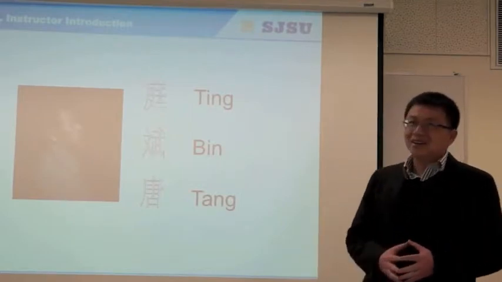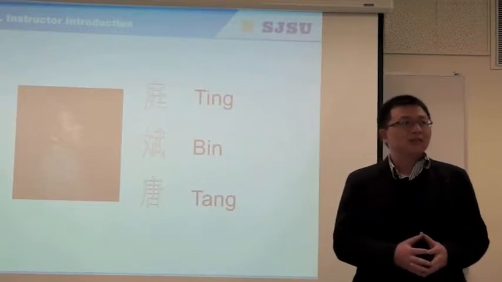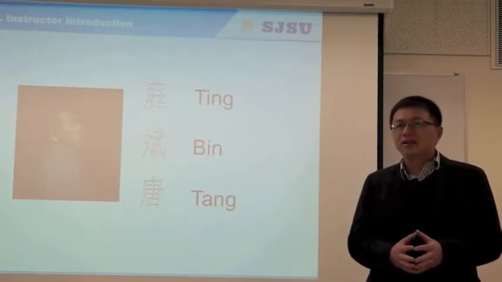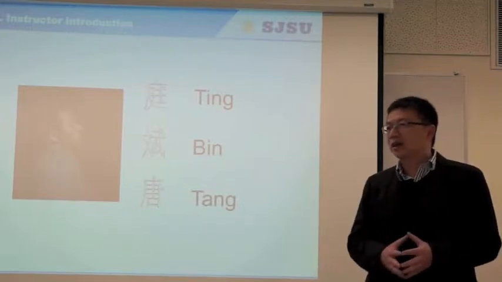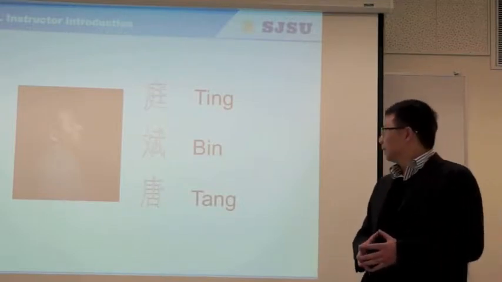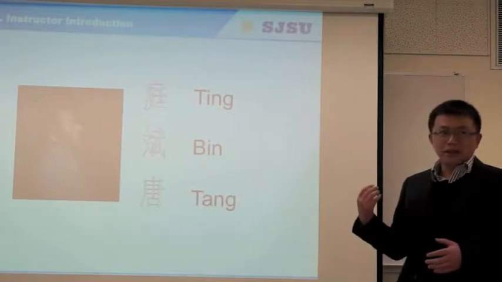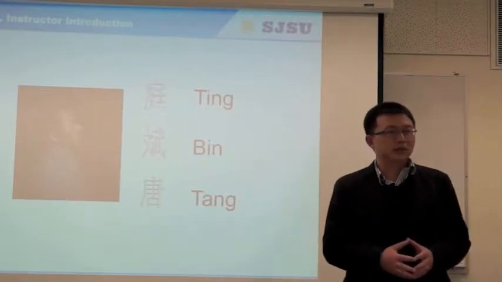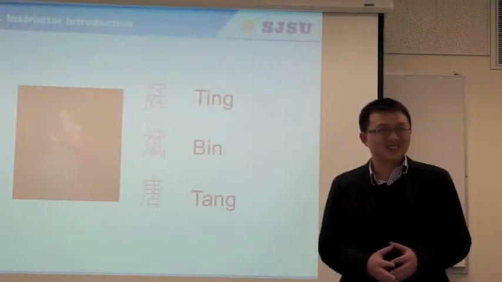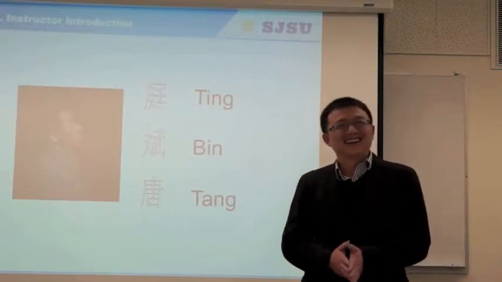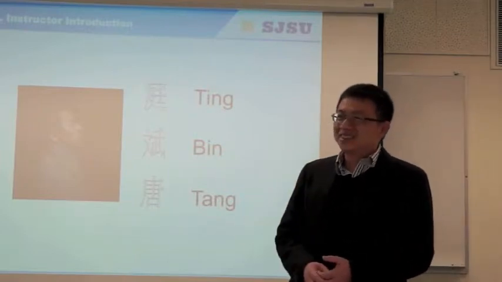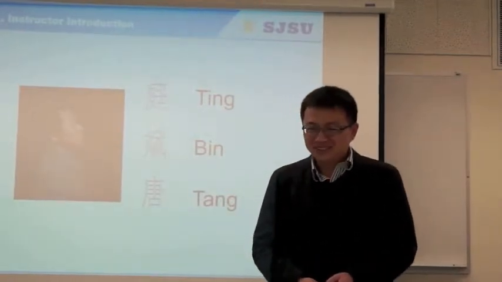And Tang is my family name, and it used to be a very powerful dynasty in China, the Tang dynasty. And in English, it's a very famous drink. I don't know if you guys can try that. Okay. So that makes it easy for you guys to remember my name.